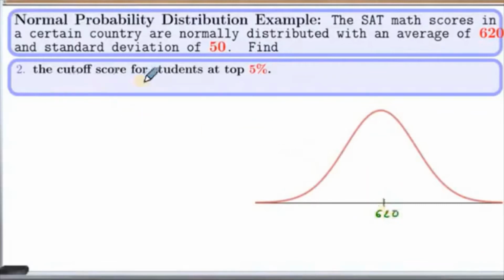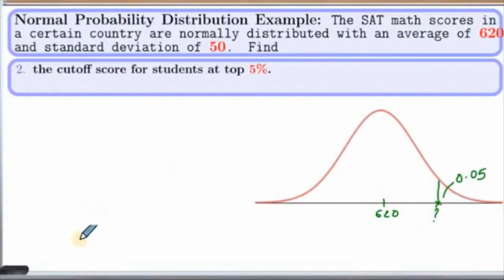And given this scenario here, we know the area over this tail is 0.05, and we are supposed to find this point, which is the cutoff score for students at top 5%.